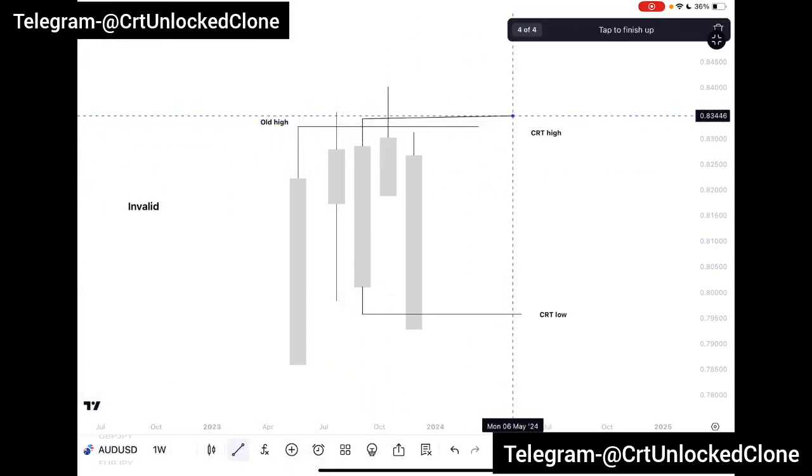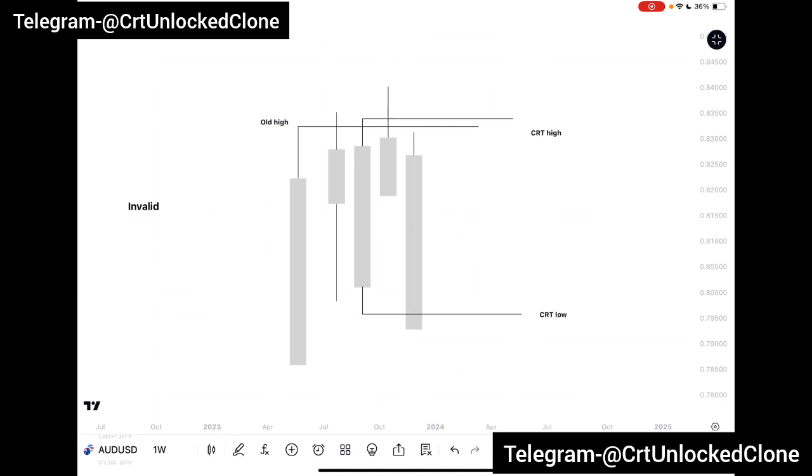Just listen very carefully, guys. Even this scenery is invalid, because even though the CRT candle 2 purged the old high, before the CRT candle, some random candle had touched the key level old high. So even this scenery is invalid. So don't trade these sceneries.